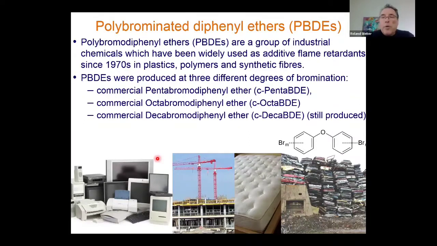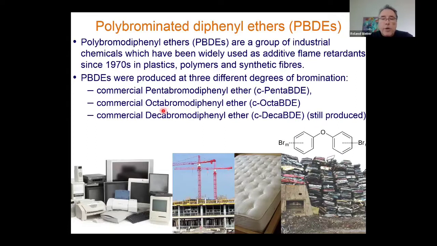These are a group of industrial chemicals which have been widely used as additive flame retardants since the 1970s in plastic, polymers, and synthetic fibers. They have been produced in 3 different degrees of bromination. The pentabromodiphenyl ether has an average bromine content of 5, but it also contains tetra, penta, hexa and hepta.